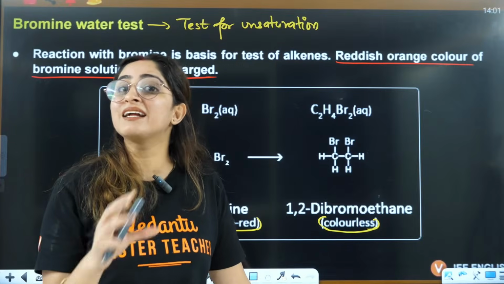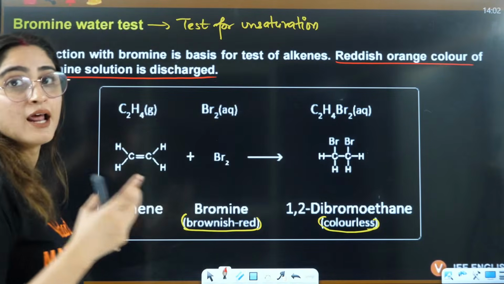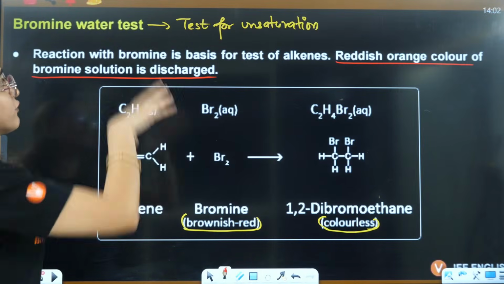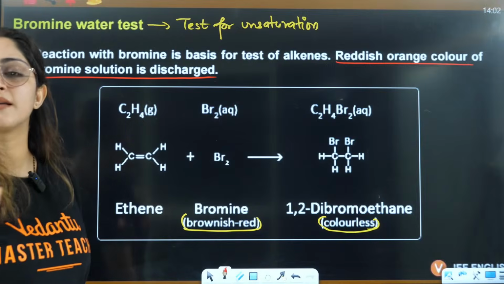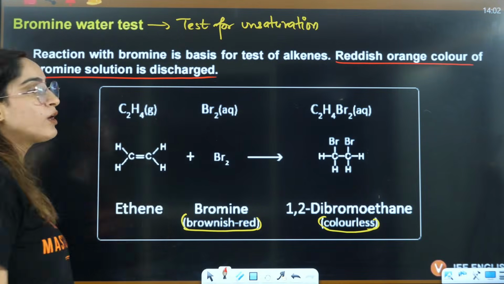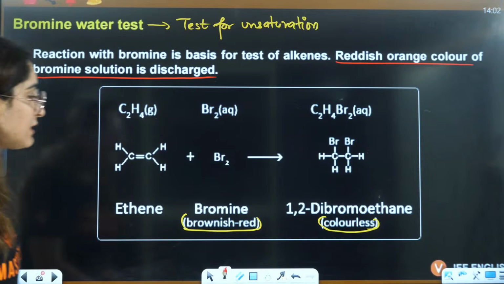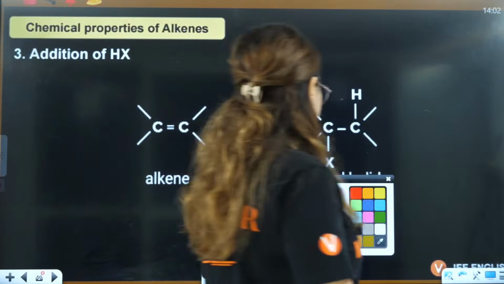Something different that is visible. These are considered as distinguishing tests. So here, if it gives a positive test for bromine water, that means there is unsaturation present here. There is a pi bond present here.